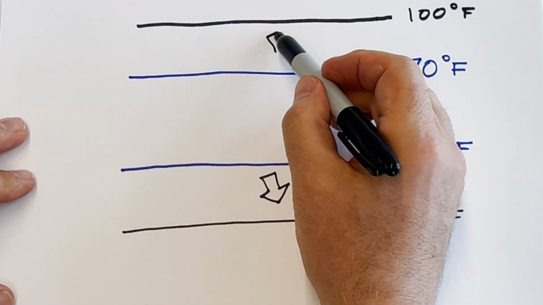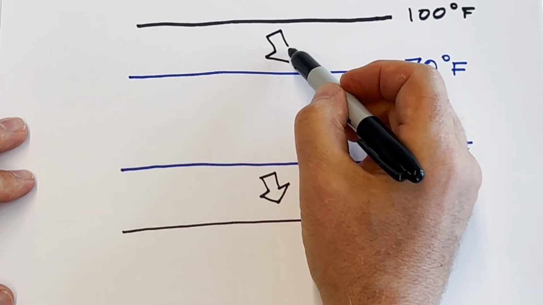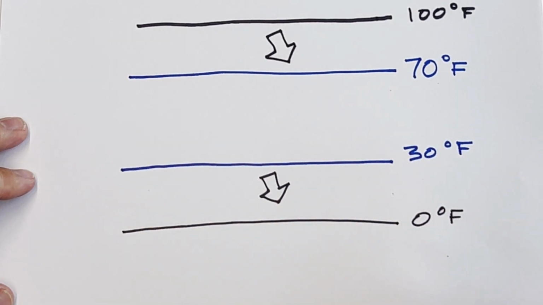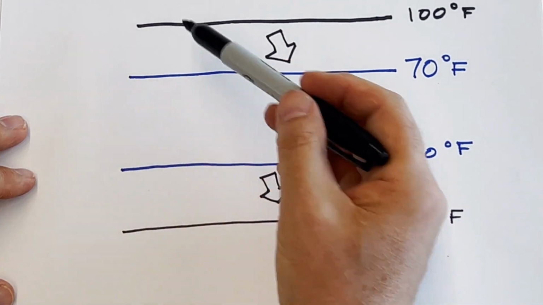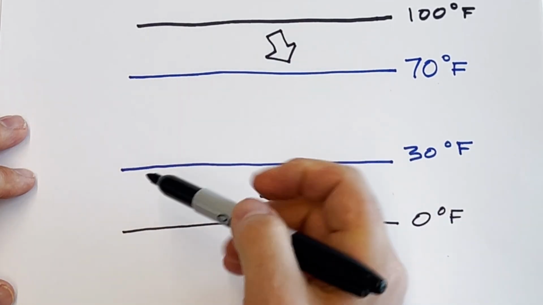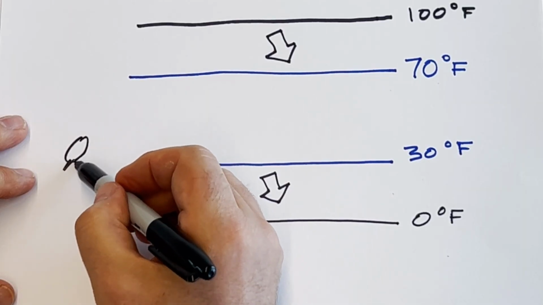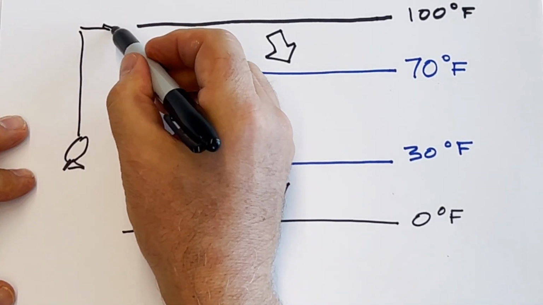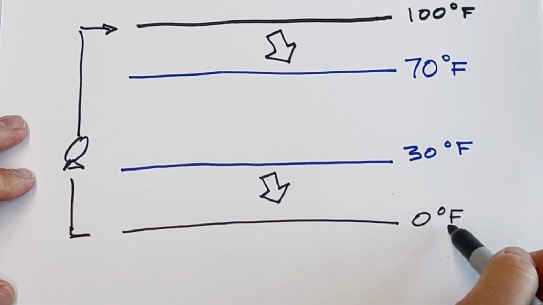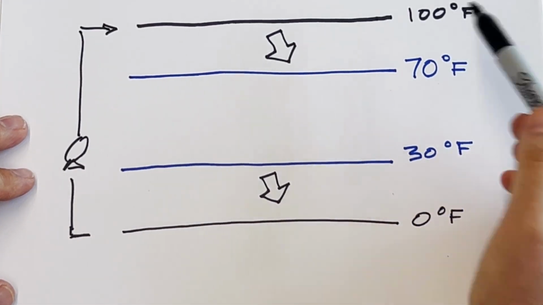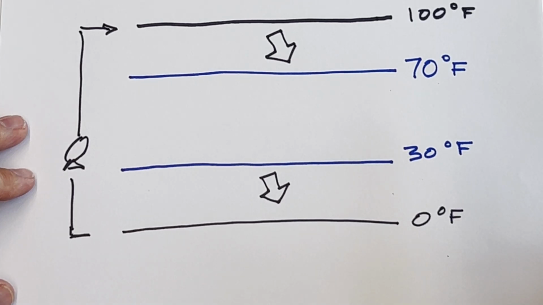And that is how the indoor heat exchanger heats the indoor air. What's happening between 0 and 100 degrees, refrigerant to refrigerant, is that the compressor is compressing it from a low temperature at 0 degrees up to a high temperature at 100.